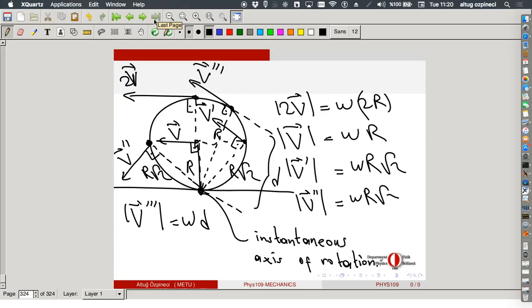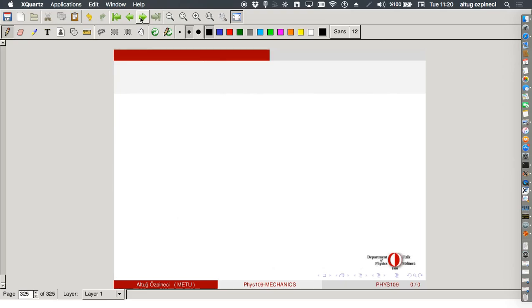So this is one example where we explicitly showed it. Whether we treat it as rotating around this point or around this point, it's always the same angular velocity. In a sense, you can say that angular velocity is not a property of the reference frame. It's a property of the object as a whole.